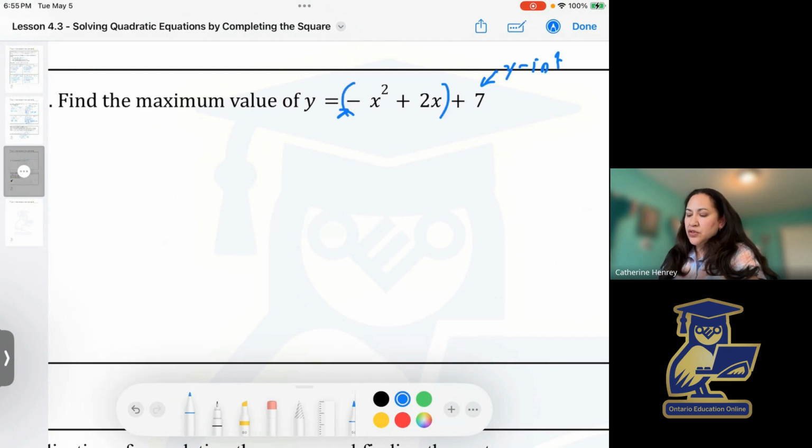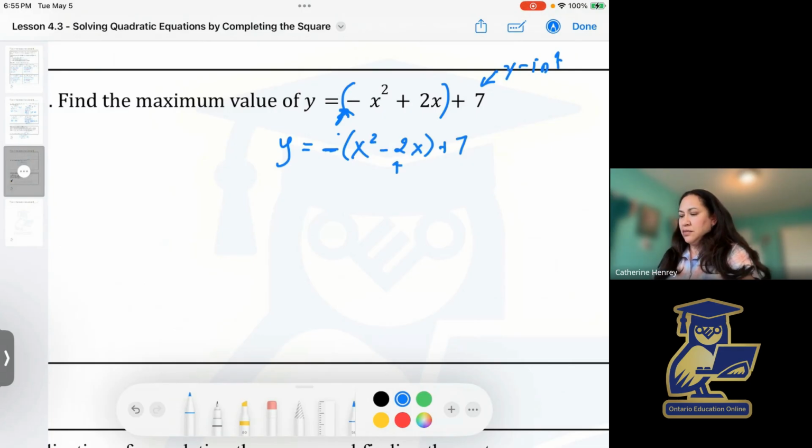I'm going to group the first two terms. Y is equal to, I'm going to take out this negative sign. So minus x squared minus 2x plus 7. Take a look at the coefficient in front of my x term, and it's negative 2.